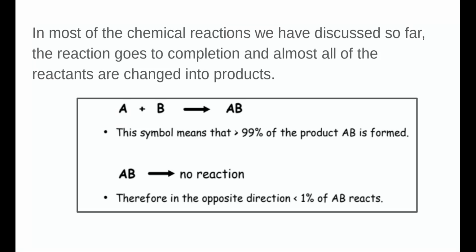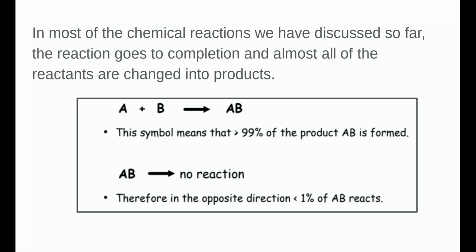A and B react to make AB. So the symbol, this arrow, means that greater than 99% of AB gets converted into the product. Sometimes, if we look, AB going backwards gives us no reaction.